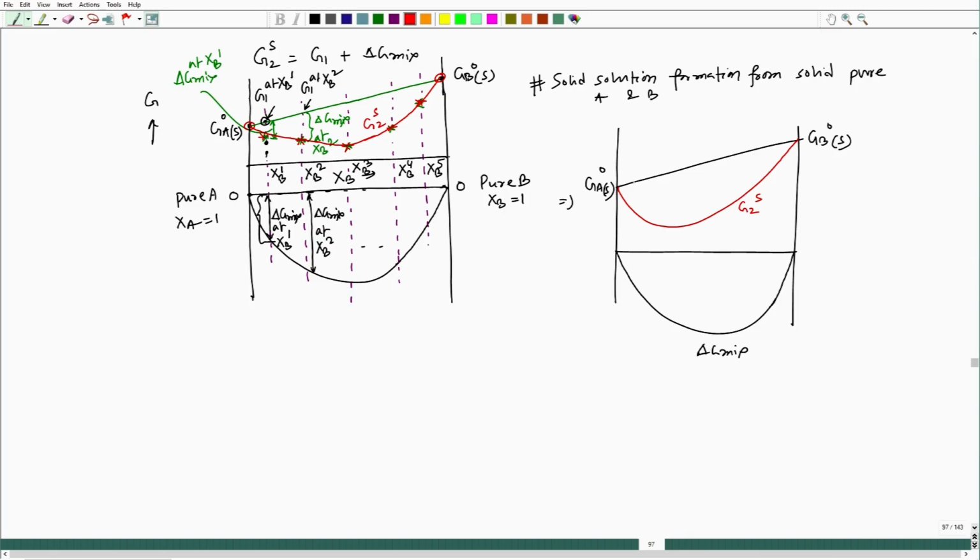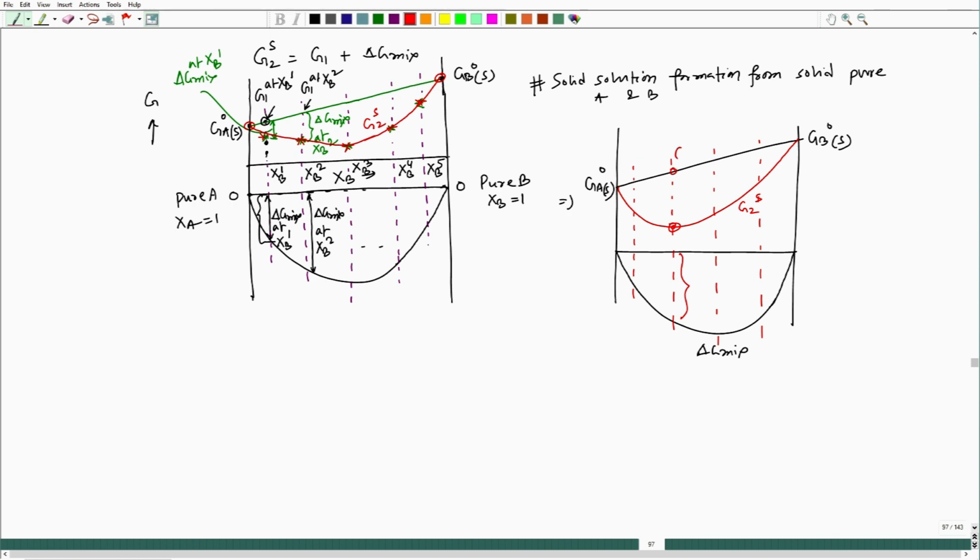At every composition, if I need to find the value of G2, it is simply this plus this.